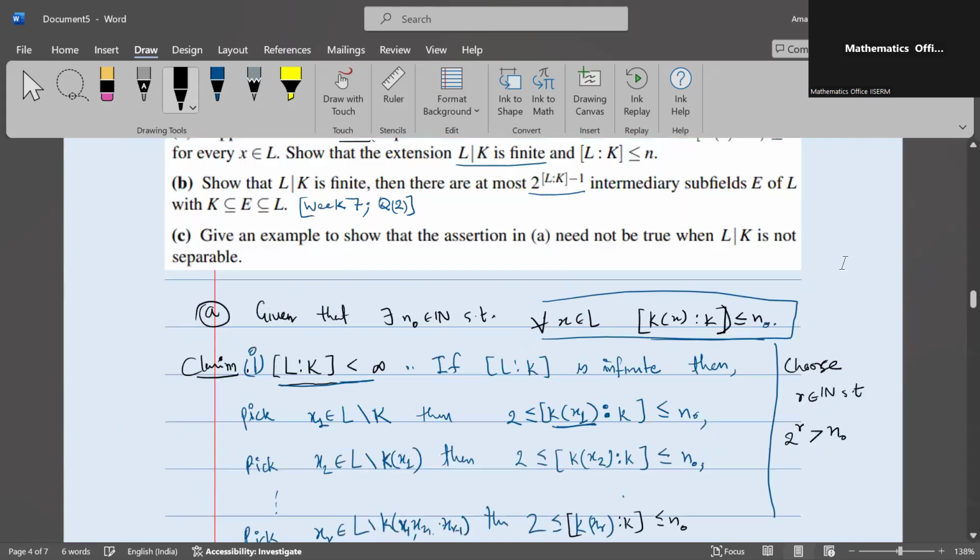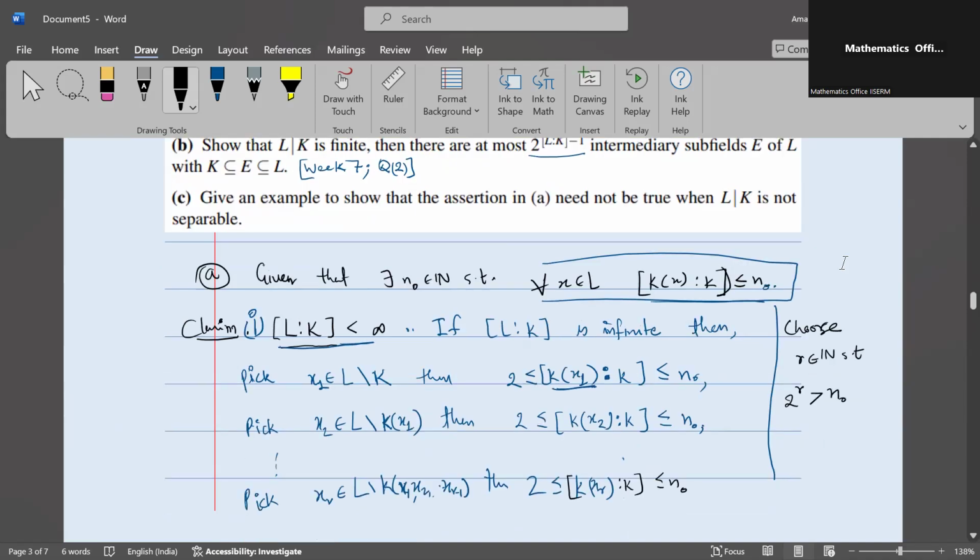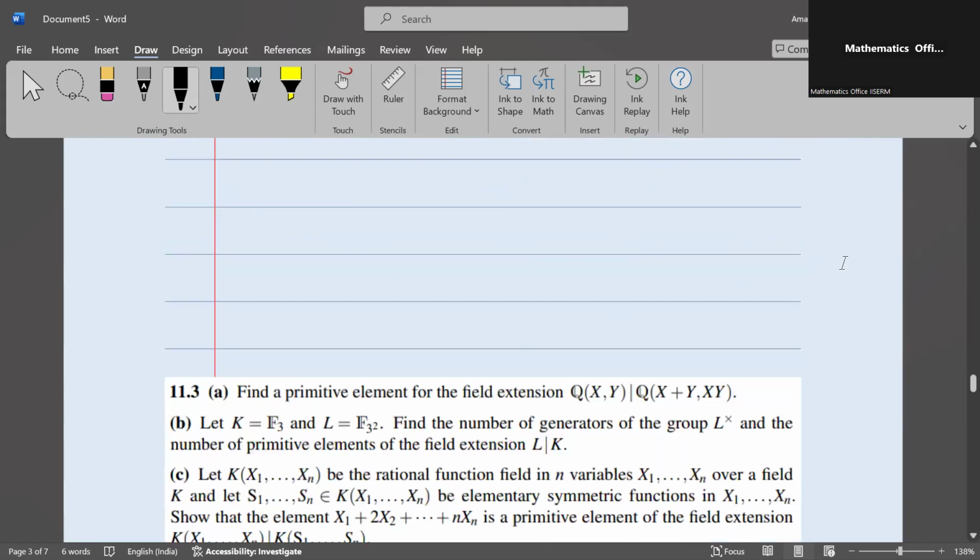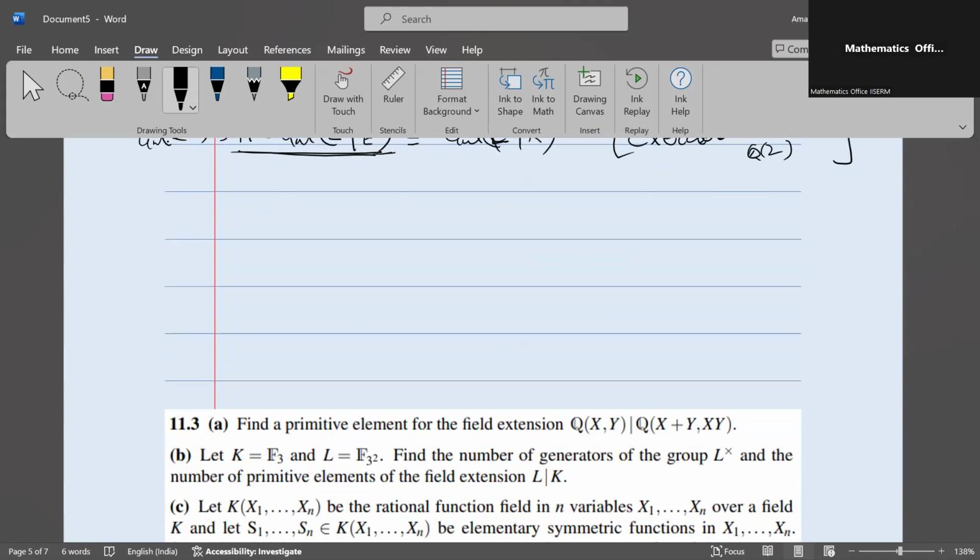Part C is asking that the assertion need not be true when L over K is not separable. We want to give a counterexample. L over K should be not separable and A fails.